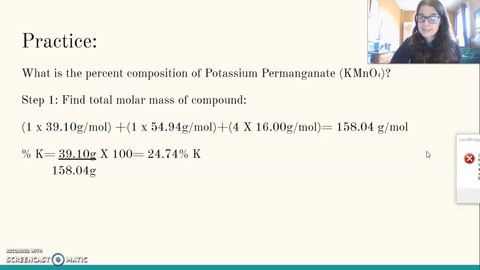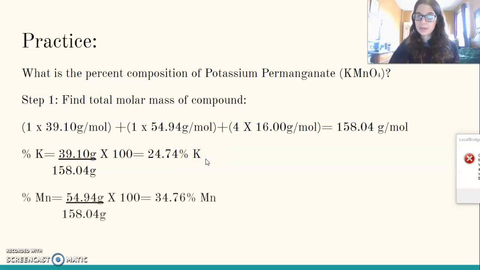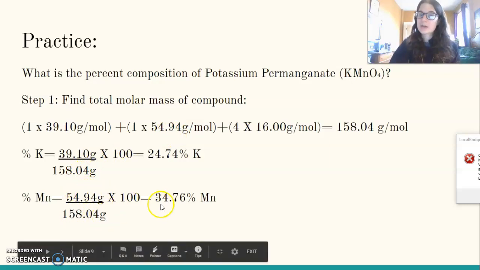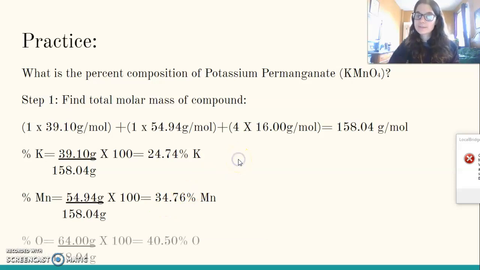For potassium, we're taking the molar mass of potassium, 39.1, dividing by 158.04, multiplying by 100 to get our percent, and we get 24.74% of potassium. For manganese, it's very similar. 1 times 54.94 gives us 54.94, divided by 158.04 times 100 to get 34.76% of manganese.